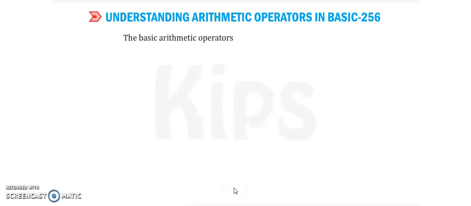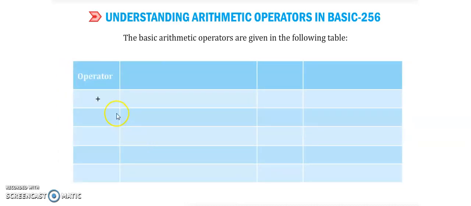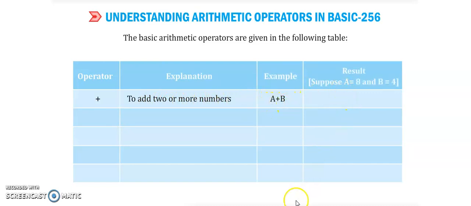Now the basic arithmetic operators are given in the following table. So plus, for explanation, to add two numbers. Example, a plus b. If the value of a is 8 and the value of b is 4, then after a plus b the result will be 12.